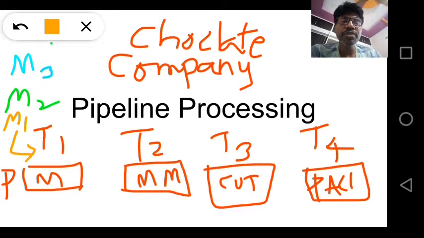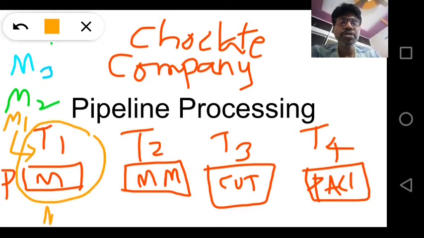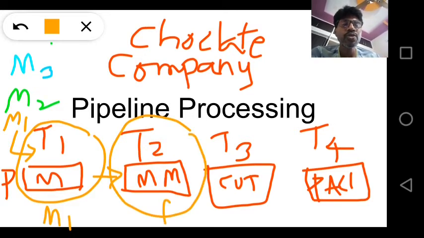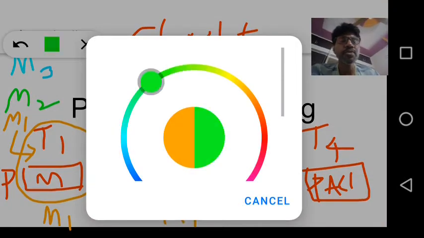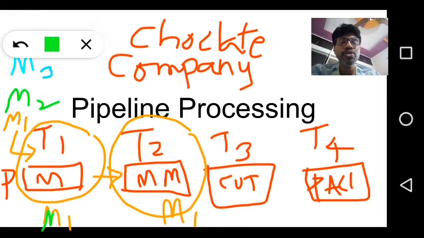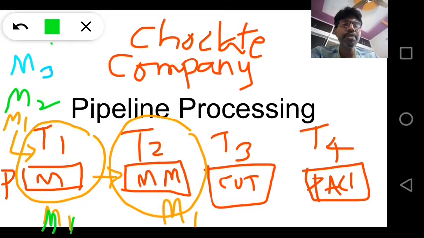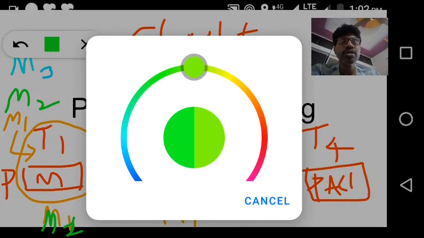So first T1 will process material 1, handovers to T2 for mixing of material. When T2 is doing mixing of materials, T1 is doing material 2. Similarly, when T2 completes its task, it handovers to T3.